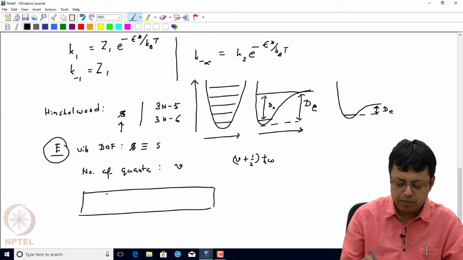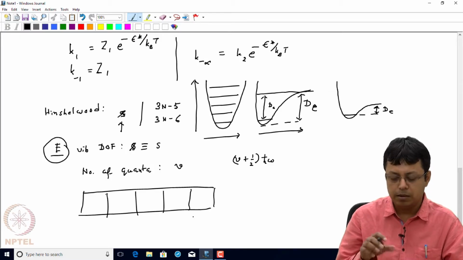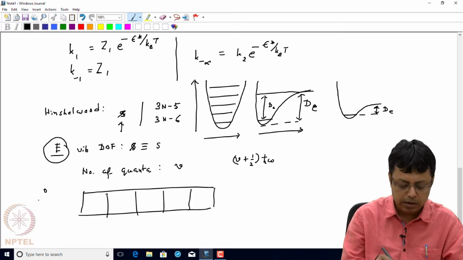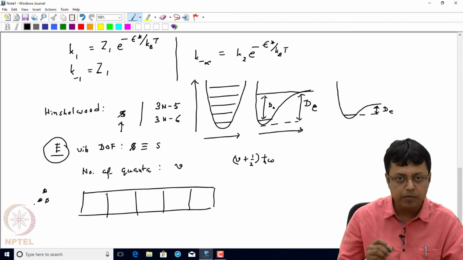I am giving you a very simple example first. Suppose I have 5 rooms, and I am putting some balls in these 5 rooms. Suppose I have 3 balls, and I am asked to put these 3 balls in the 5 different rooms.